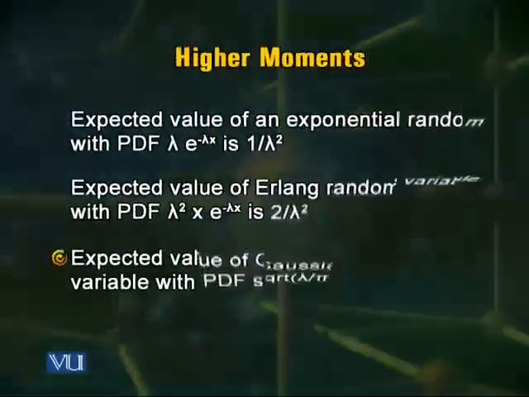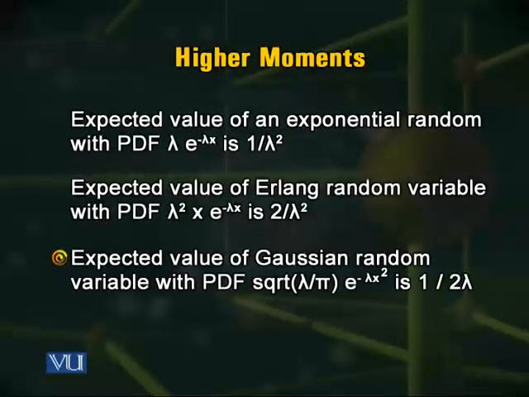And lastly, if you take a Gaussian random variable which is defined in terms of lambda again, and if it has a PDF of square root of lambda over pi e raised to power minus lambda x squared, then the variance of such a zero mean Gaussian random variable comes out to be 1 over 2 lambda. So all you need to do is do elementary integrations, and you can find higher moments, expected values, and other interesting parameters of the random variables.